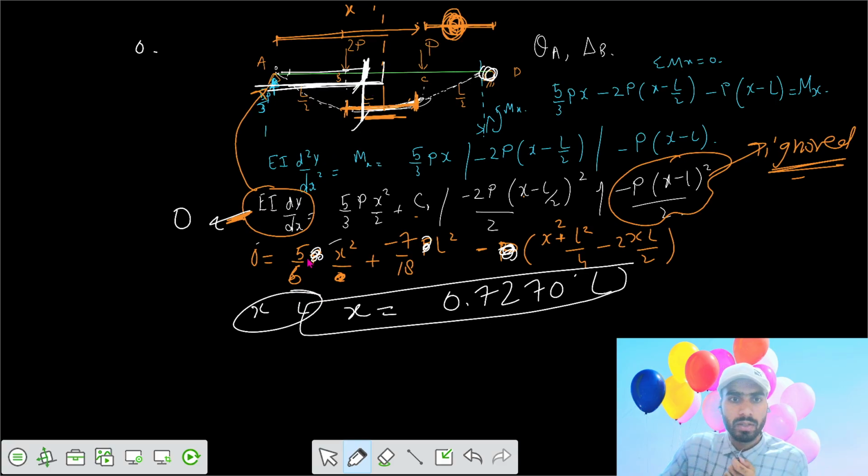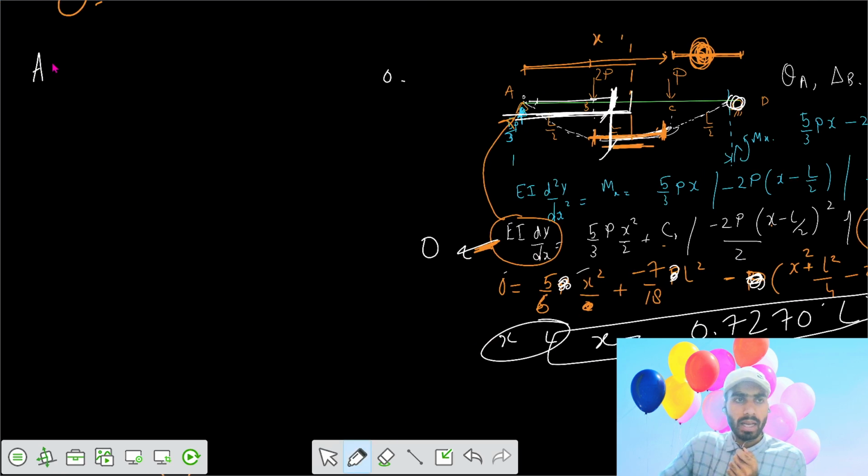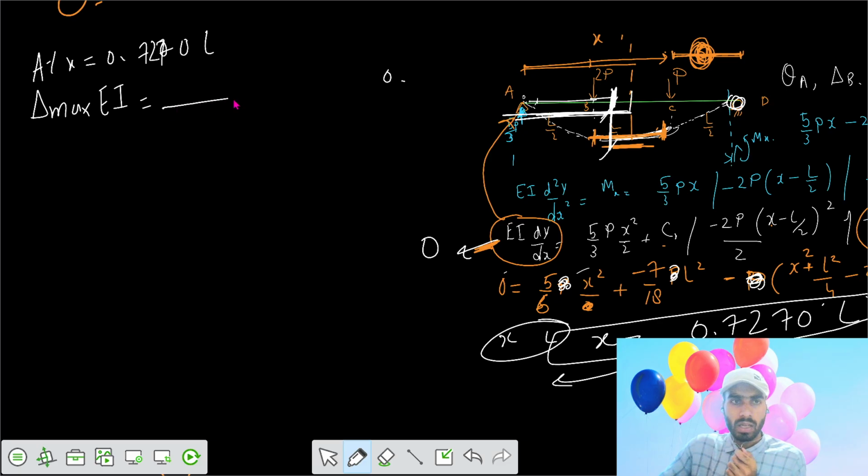So if you want to say what is the value of delta maximum, we can write that at x equals 0.727 times L, we have delta maximum into EI equals that delta equation.